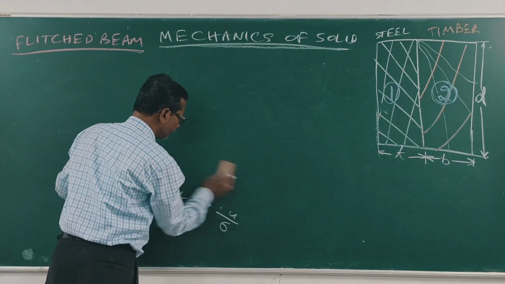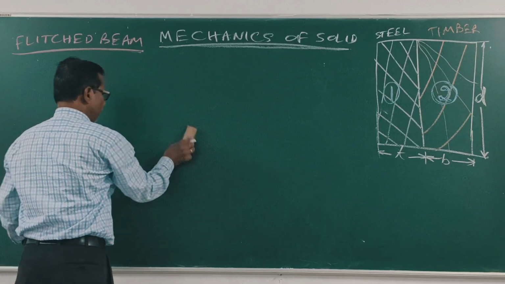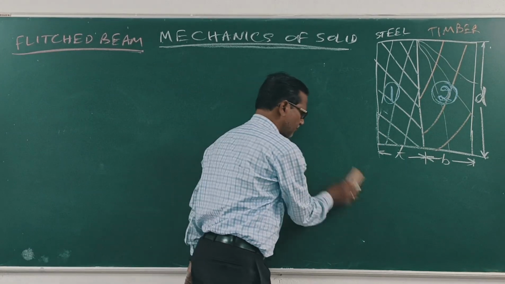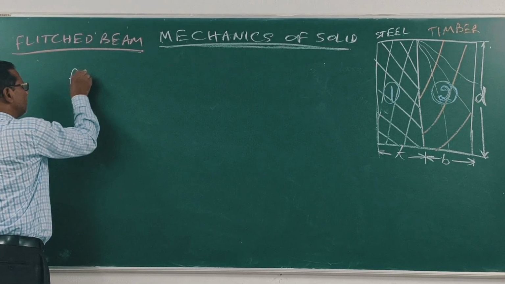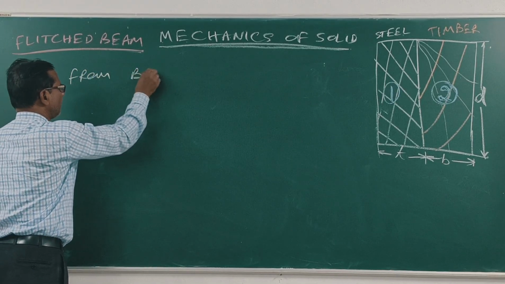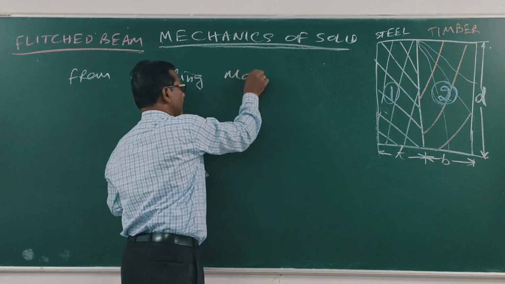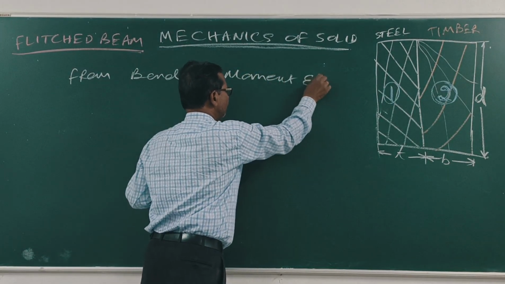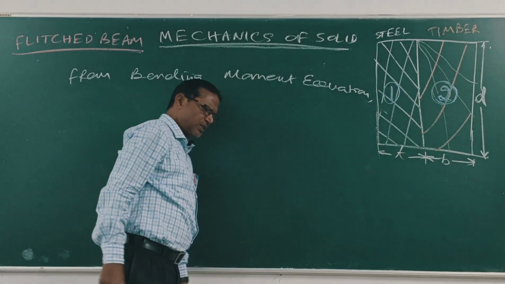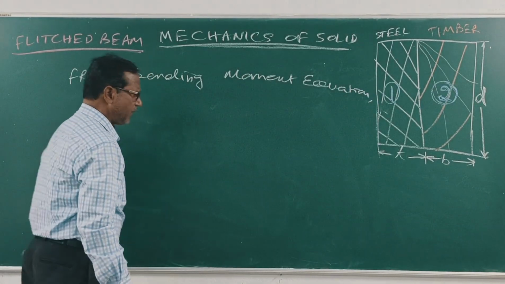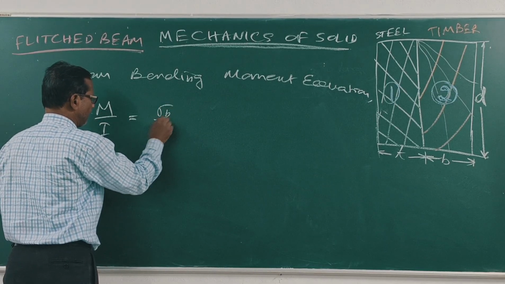Now from the bending moment equation, M by I is equal to sigma b by y.